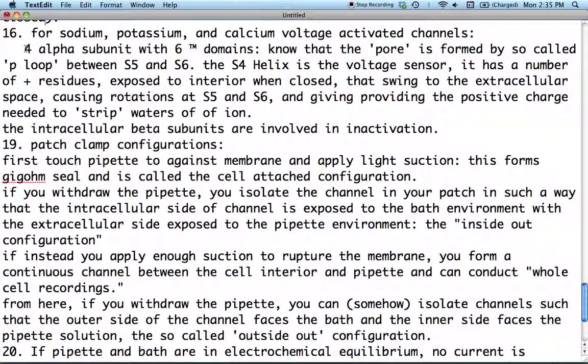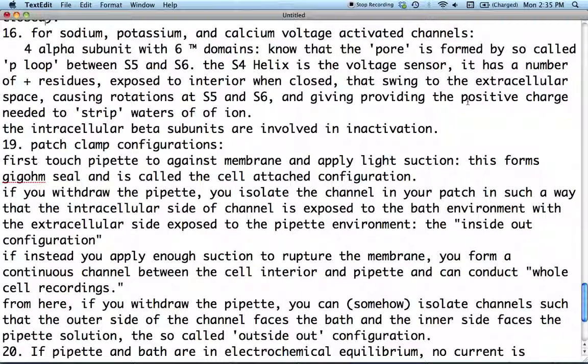And that's what opens the channel. Because we established that the P-loop is between S5 and S6, this conformational change in S5 and S6 causes the pore to open.